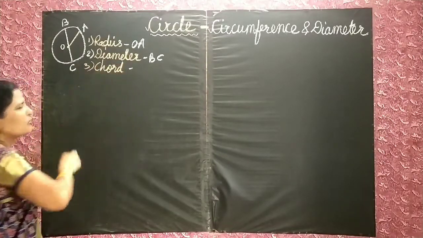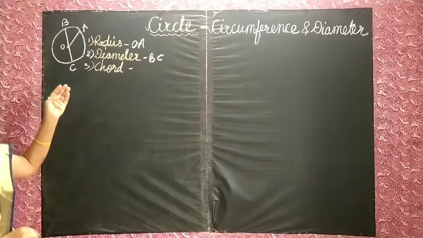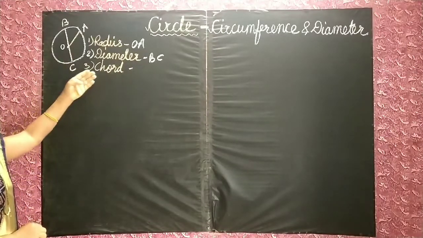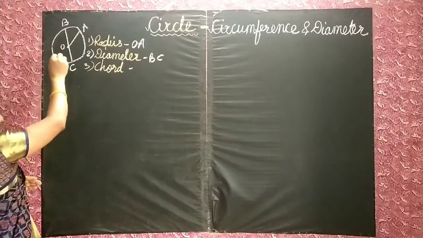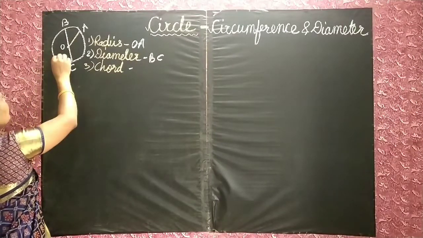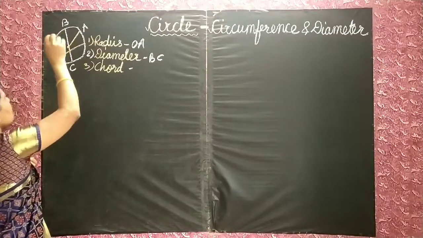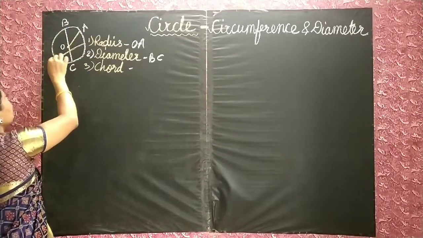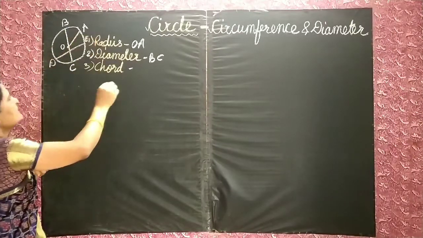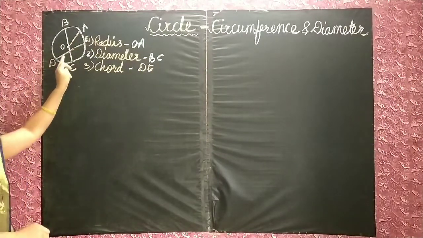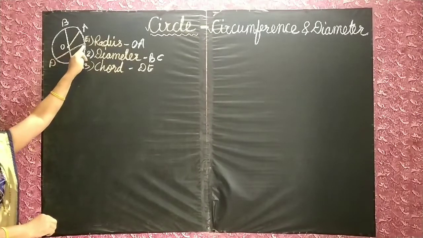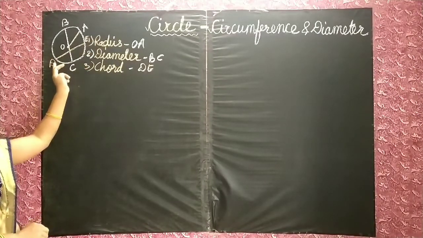Now next is the chord of the circle. A chord is like a diameter, a line segment whose endpoints lie on the circle.